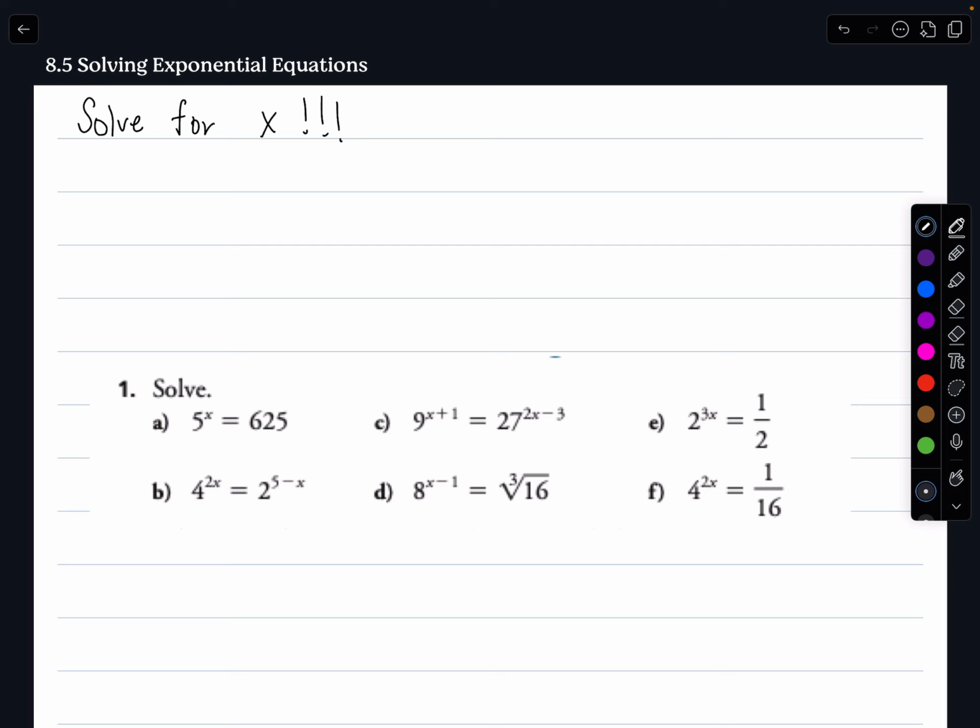Now, a key concept that I want you guys to know when you're dealing with these exponential equations is we want to force the same base.